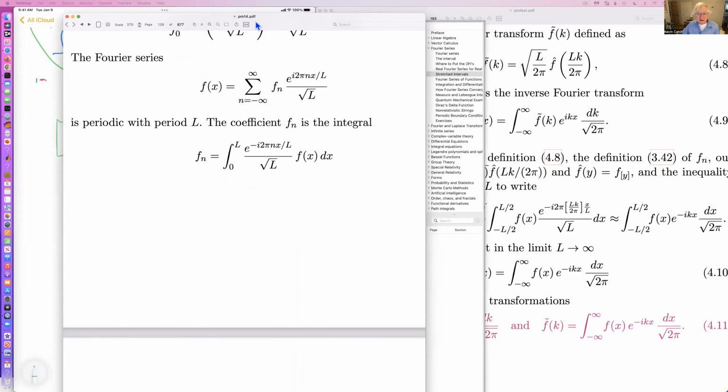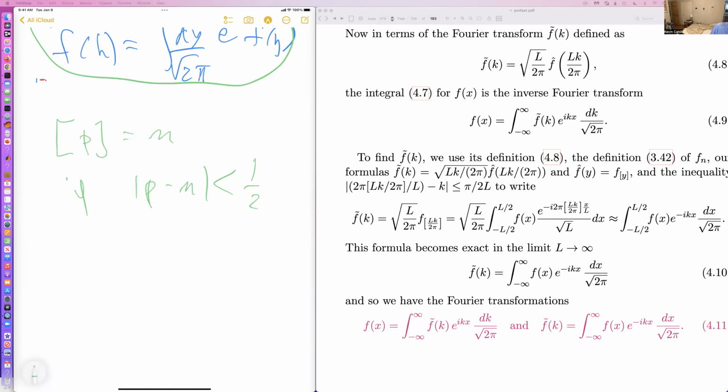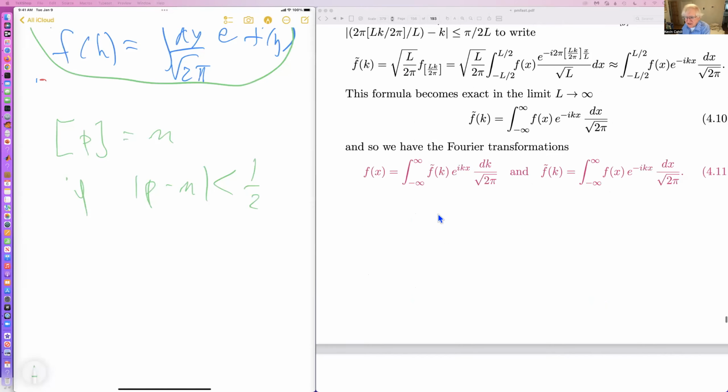Namely, it's just this integral. Here, the interval was 0 to L. It's now minus L over 2 to L over 2. But I think I should have repeated that definition there. Let me write a note to myself, repeat 3.42.